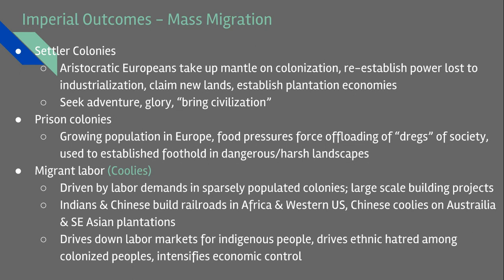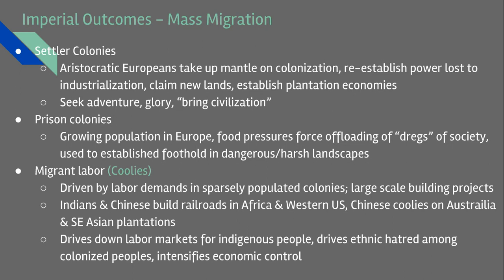And given that choice, tens of thousands of British prisoners immediately sign up. And the success of Australia encourages other Western European states to do the same thing. So you have small prisoner colonies start popping up all over, especially in the islands of the Pacific.